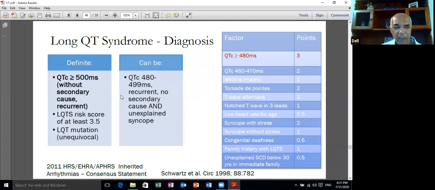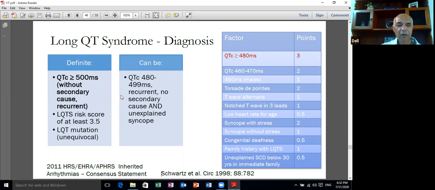Measure it in several leads, including V2 and V5. And you need the corrected QT, corrected for the square root of the RR preceding the measured QT interval. So you measure the QT in one beat, go to the preceding beat, measure the RR, get the square root, and divide the QT by the square root of the preceding RR to get the QTc.